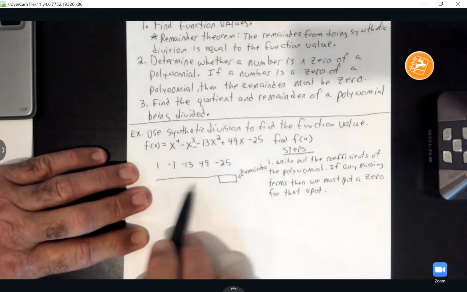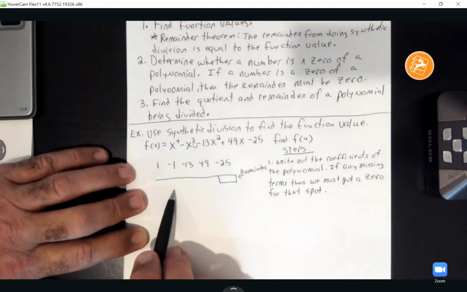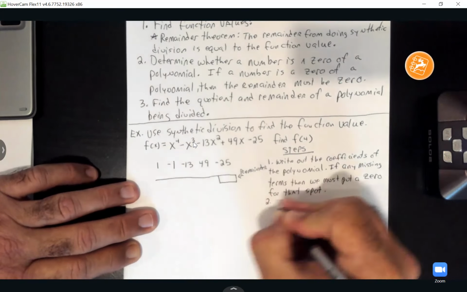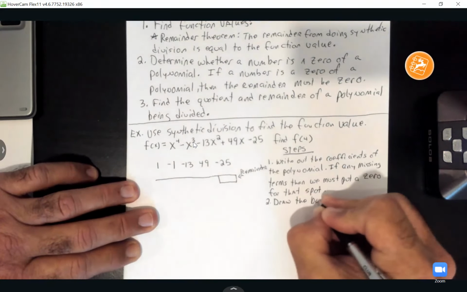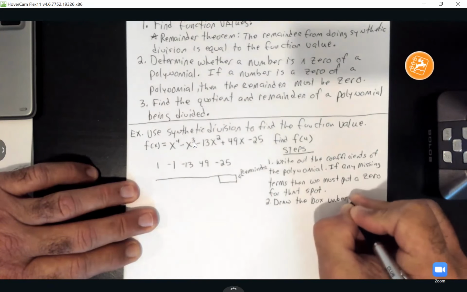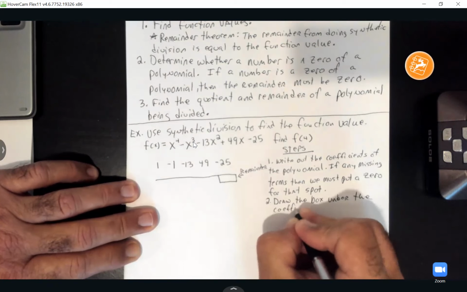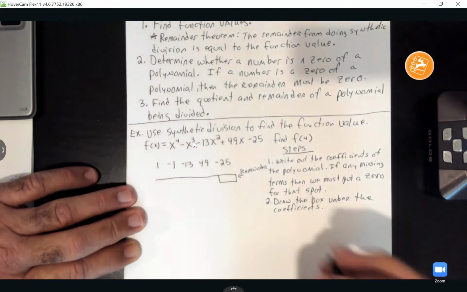All the numbers I get under this part later on will be the quotients, okay? So here, draw the box under the coefficients. So we draw our box.